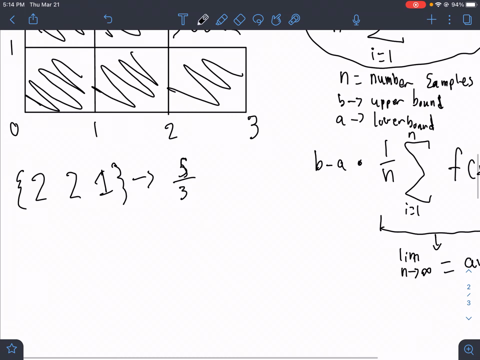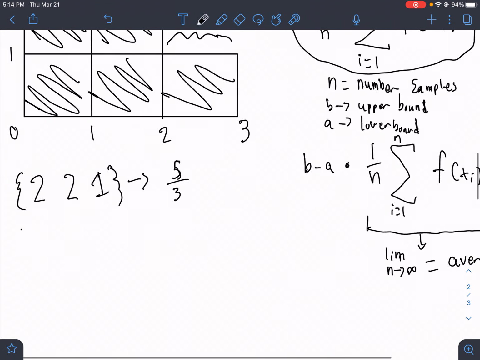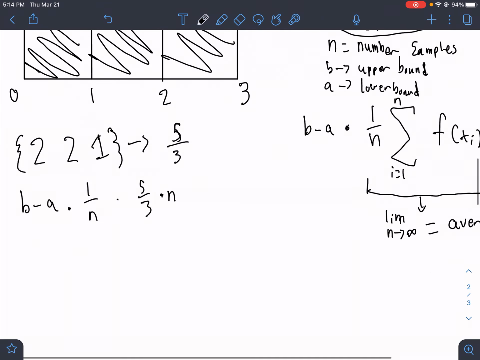Now, if we use this in our Monte Carlo method, we have (b minus a) over, and then actually I'll use the other form here, 1 over 3 times the sum of all of them, 1 over n times 5 over 3. And this is times n here, because there are n samples.